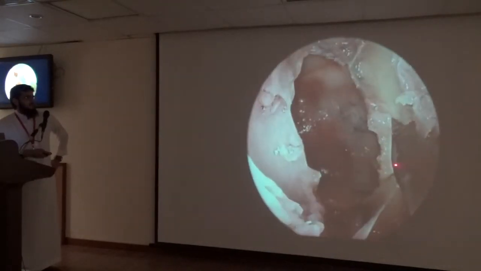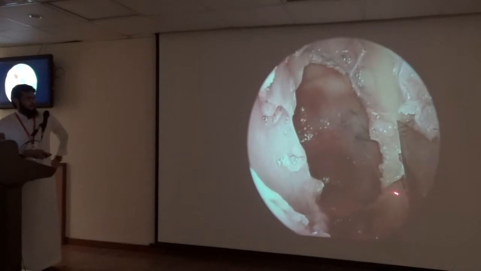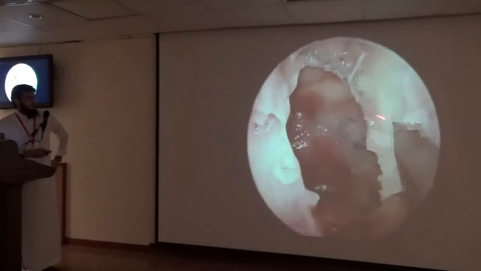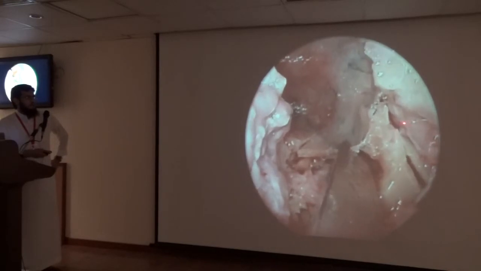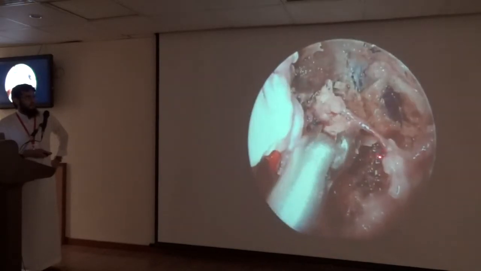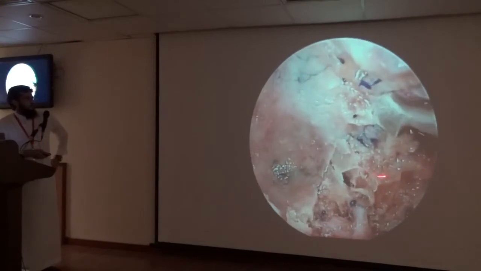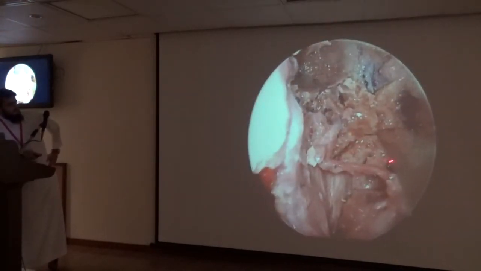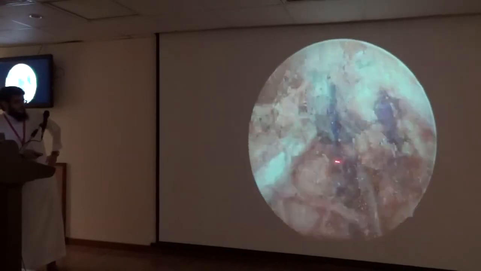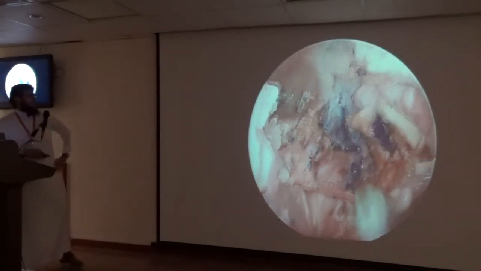When we remove the sphenoid process of the palatine bone and the superior part of the sphenoid bone, we will see many structures like V2. We remove the bone now. This is V2, and this is part of the pterygoid.